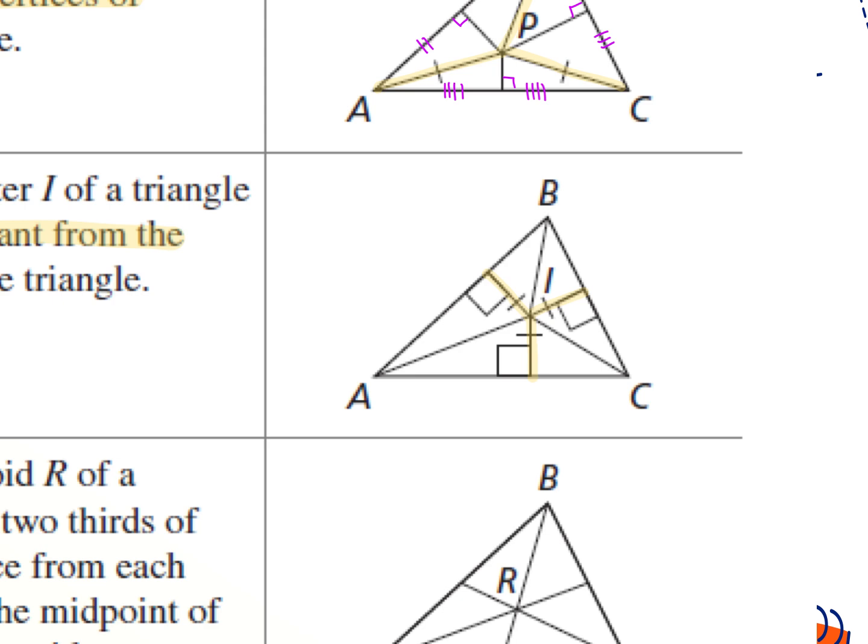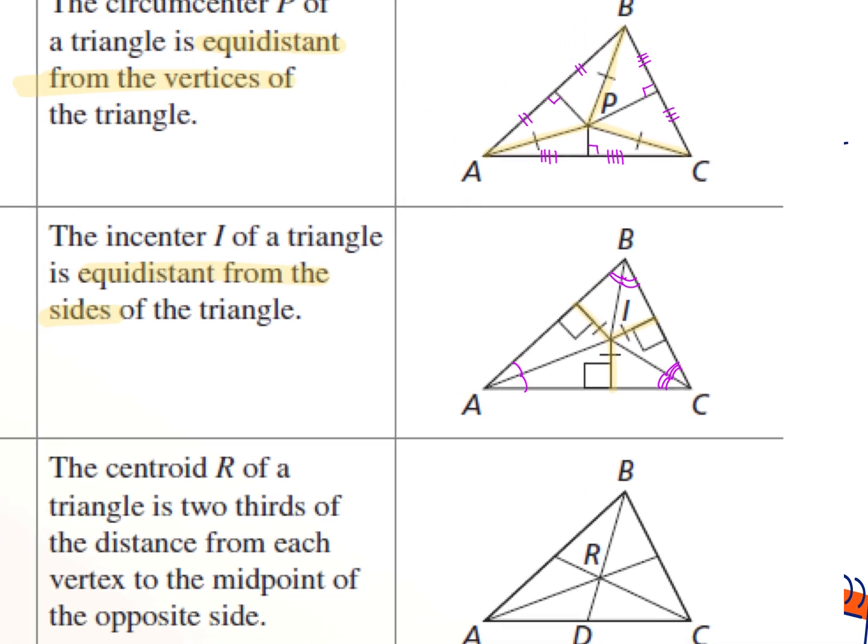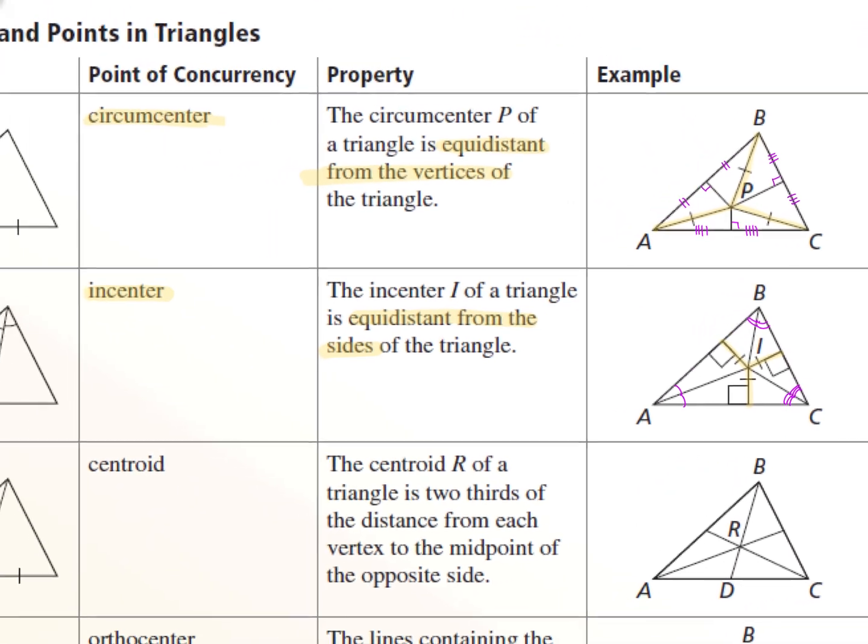And then I know that my angles are going to be congruent. This angle is congruent to this angle, this angle is congruent to this angle, and this angle is congruent to this angle. So you could kind of see the difference between incenter and circumcenter.